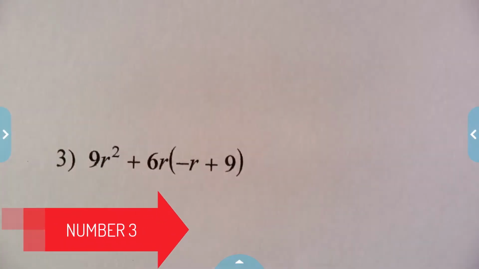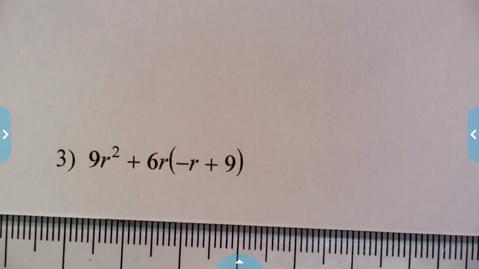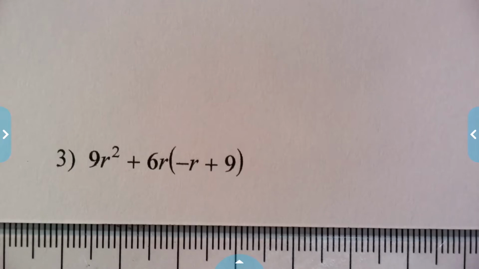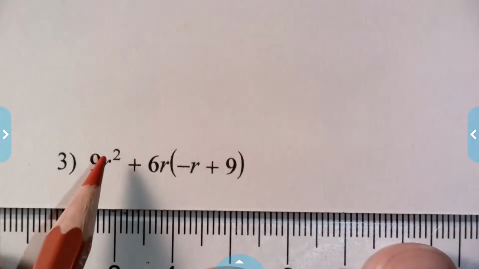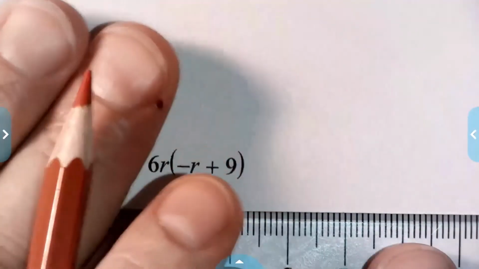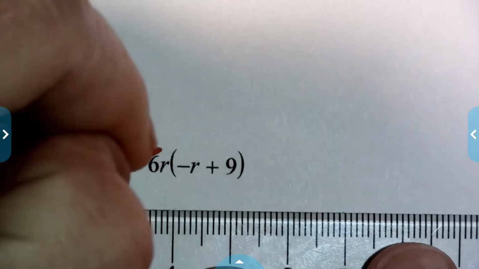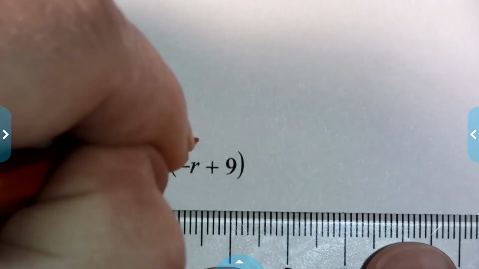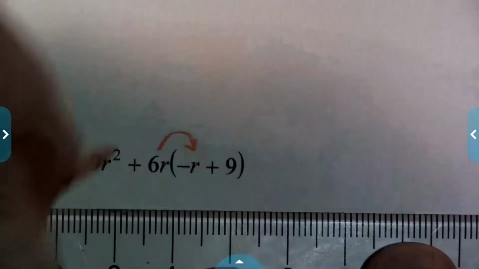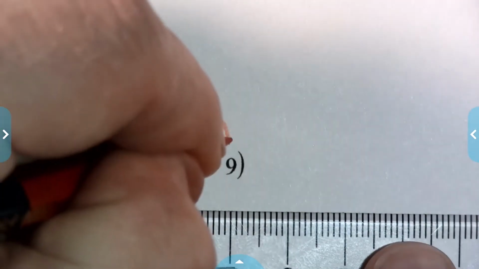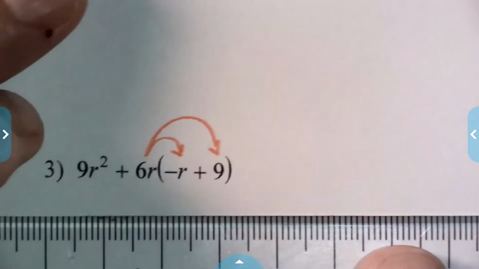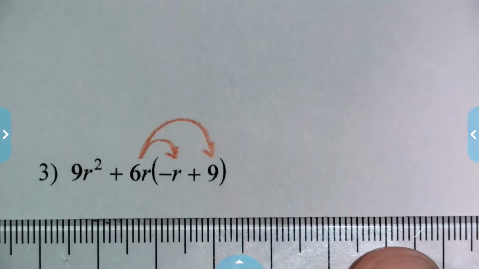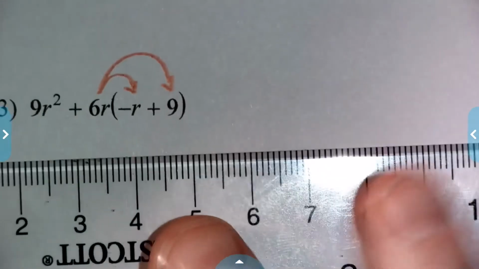Oh boy, a squared symbol. Well, let's see what happens. Okay. So first of all, let's just put this 9r squared and just kind of forget about it for a second. And let's focus on distributing 6r to negative r and 6r to 9. Now there's something I need to teach you right now. So pay close attention to this.